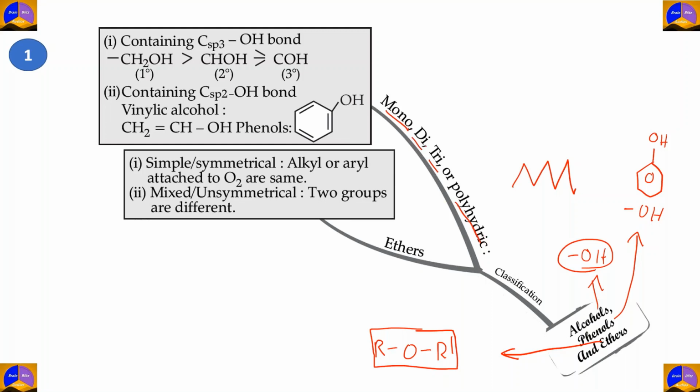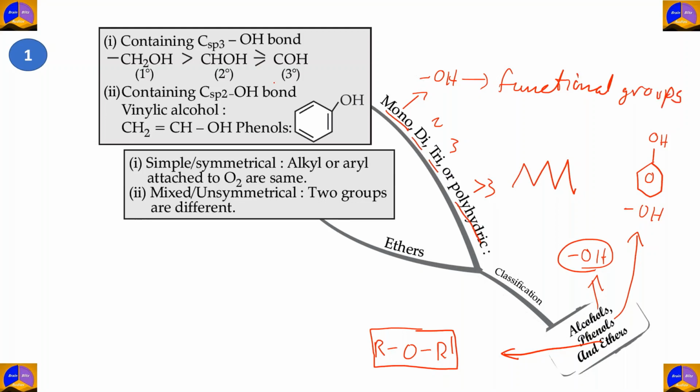So what do these mean? A mono alcohol would contain just one OH. Di will contain 2 OHs. Tri, 3, and poly means more than 3. So this is dependent on the number of OH endings in the carbon chain. These are also known as functional groups.